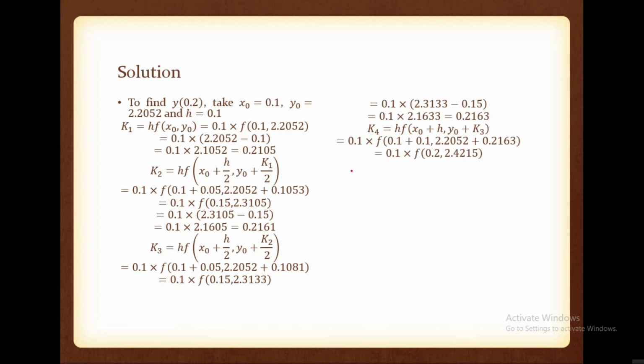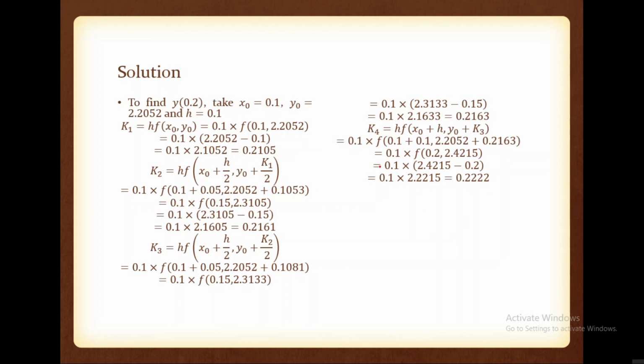So we can write it as 0.1 into f of 0.2, comma 2.4215, these two summed. So this is equal to 0.1 into y minus x, that is 2.4215 minus 0.2, that is 0.1 into 2.2215 equal to 0.2222. Actually it is 0.22215, after rounding it is 0.2222.